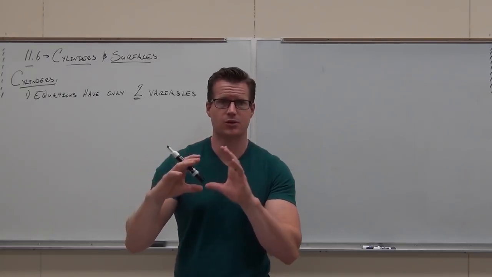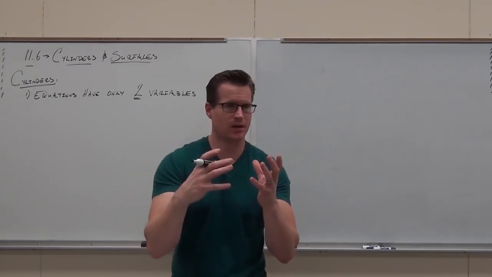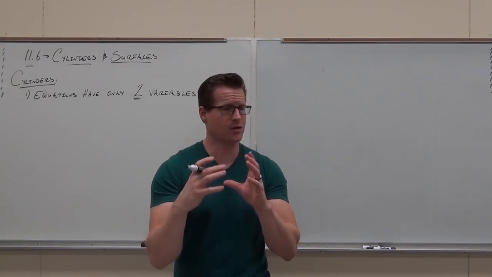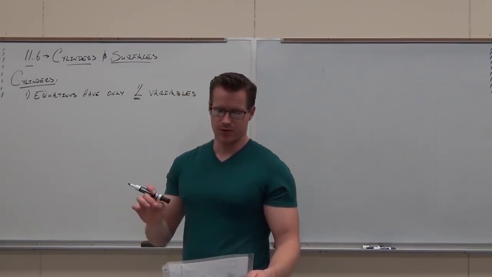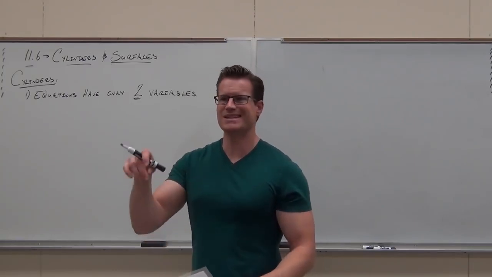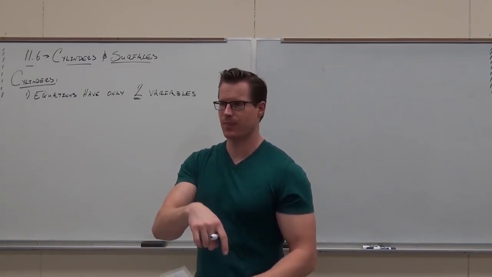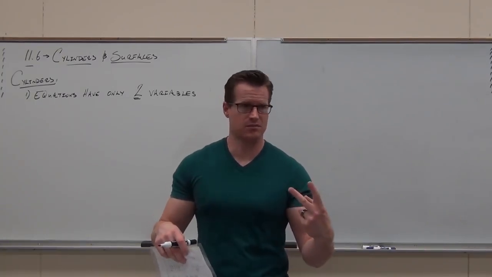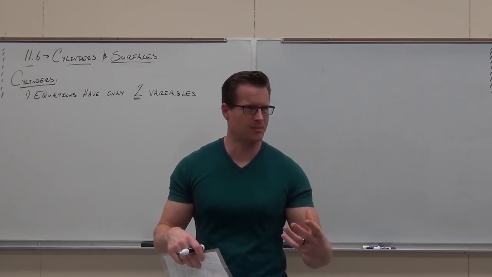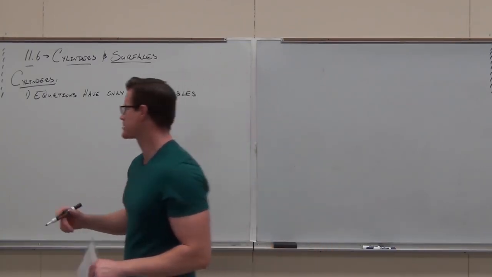If you have an x and a z, your trace is going to be on the xz plane. If you have a y and a z, your trace is going to be on the yz plane. So these equations will give you a trace of the curve on whatever plane is denoted by the given variables. How many variables am I going to give you for cylinders? 2. Planes each have 2 variables: xy, yz, xz. You guys get the picture of that? Well, you will. We'll literally get some pictures.